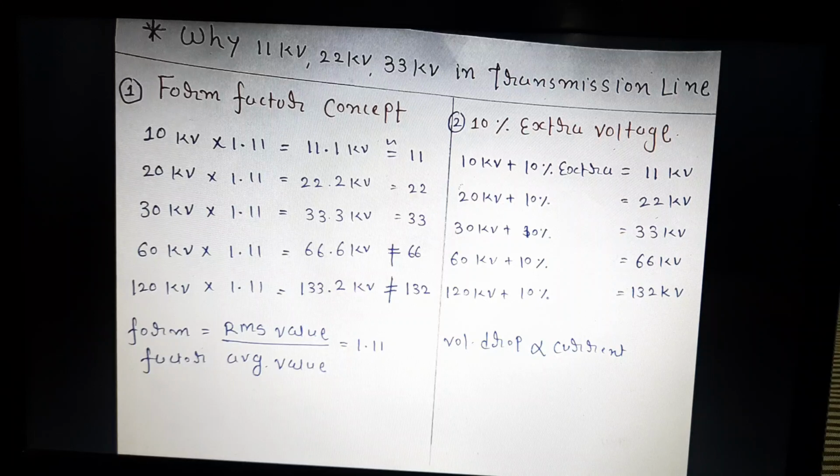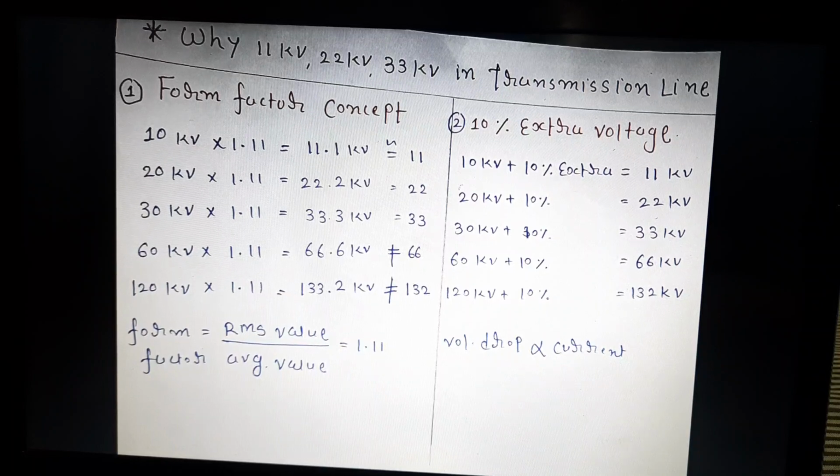This voltage drop is proportional to the current, and current is not constant, it is varying, but the expert has assumed that approximately 10% extra voltage we have to supply at the sending end, so we will get approximately this voltage level at the receiving end. So this is the logic behind the voltage levels of the transmission line in India.